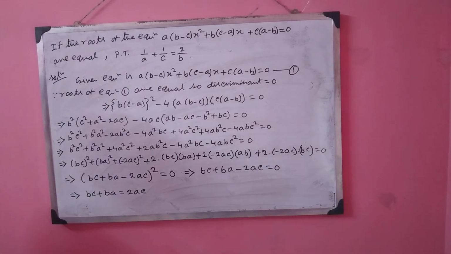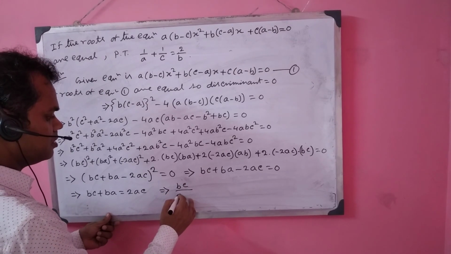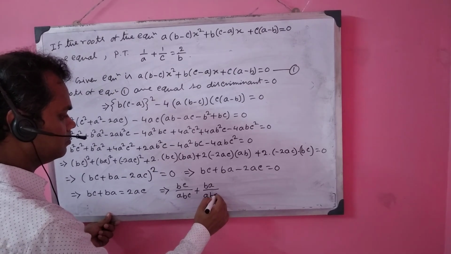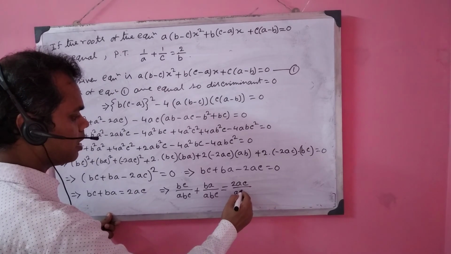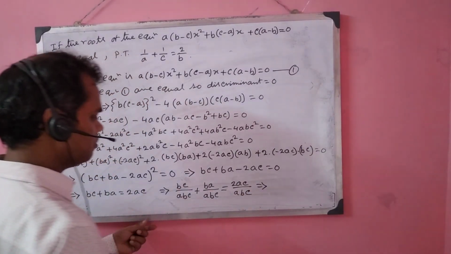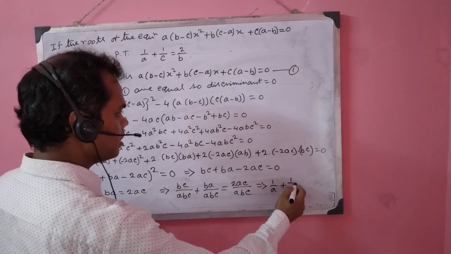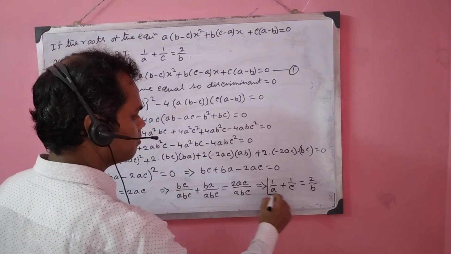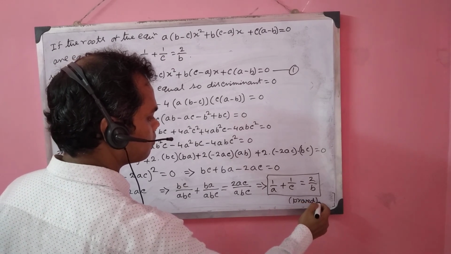Dividing both sides by abc, we get bc by abc plus ba by abc equals 2ac by abc. It becomes 1 by a plus 1 by c equals 2 by b. Proved.